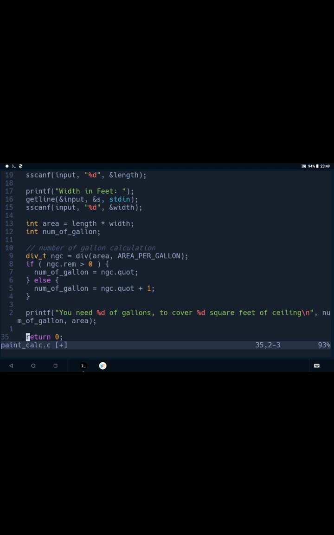If the quotient is 2 and the remainder is maybe 1, we won't say the number of gallons will be 2. We say it's going to be 3, because that's what the exercise says. We should approximate to the next whole number.